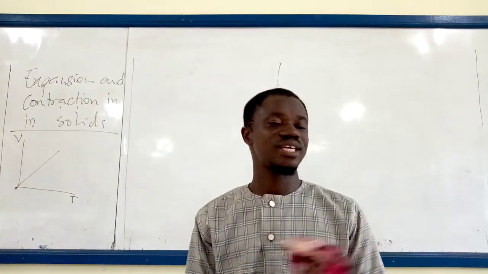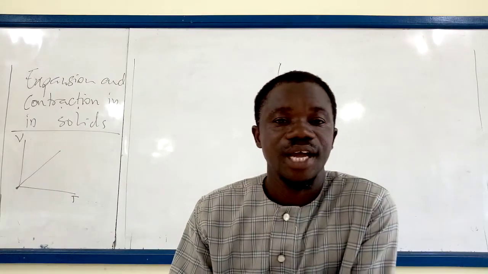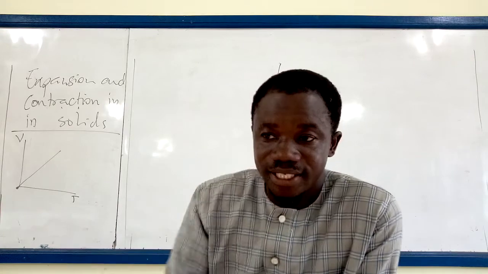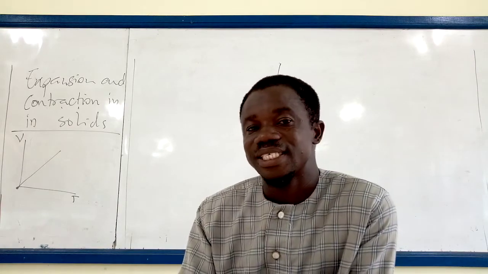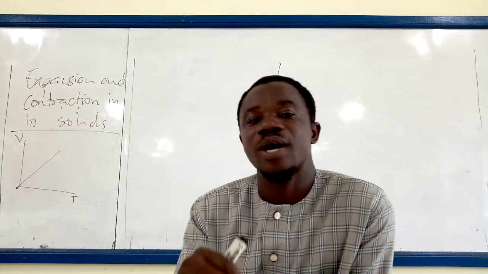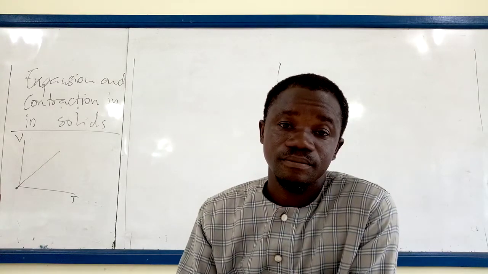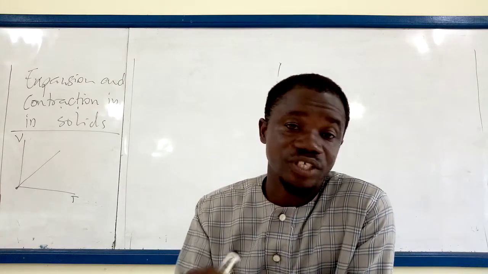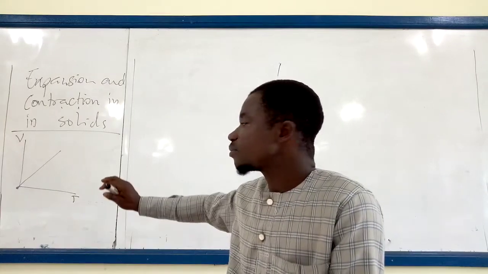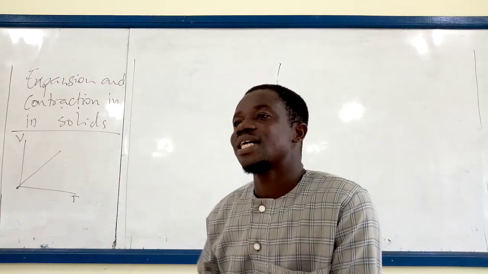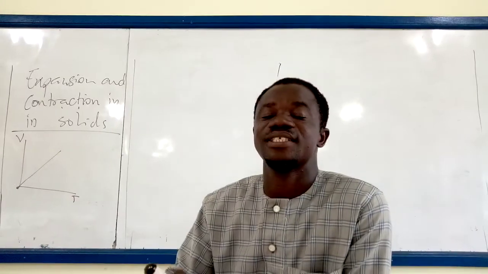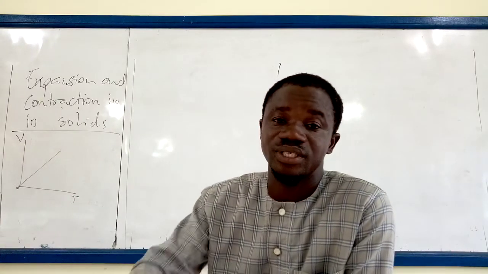Every solid has a property that makes it expand or contract when there is a change in temperature. Every metal, every solid has that property. Apart from the external factors, this is an internal factor with respect to the body.